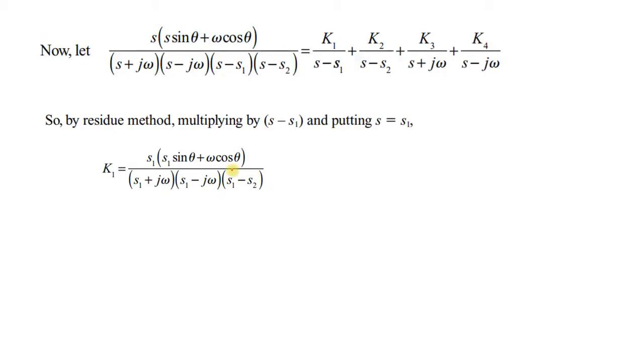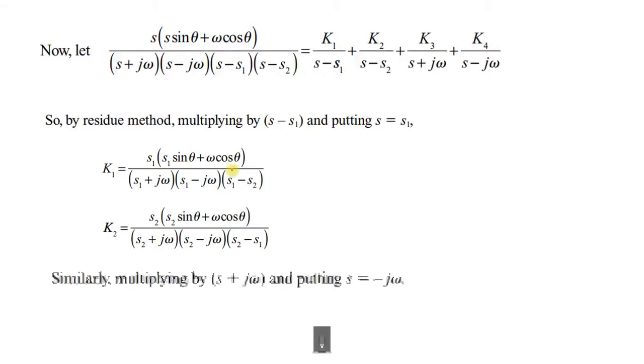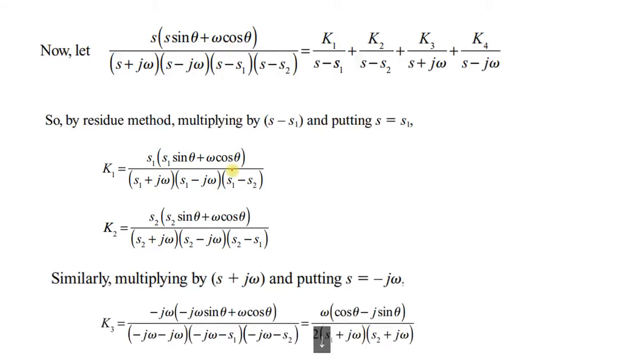Similarly, to find the value of k2, s is replaced by s2, and the corresponding value is shown in this slide. To find the value of k3, s is replaced by minus j omega, and the necessary simplifications are shown. This is the final value.